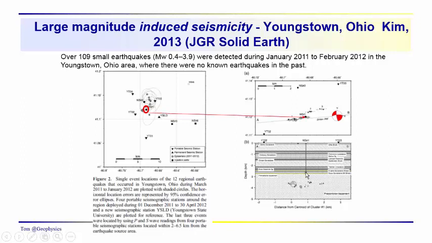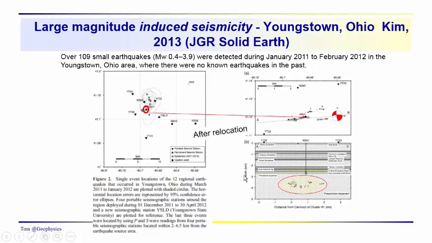So the injection effectively was basically right into the crystalline basement. The seismicity that we see here occurred along 2 faults. They started out near the well, and the events then began to migrate westward from the well.